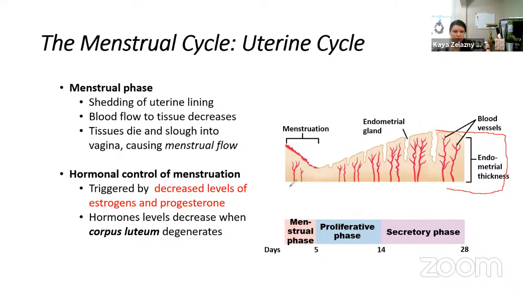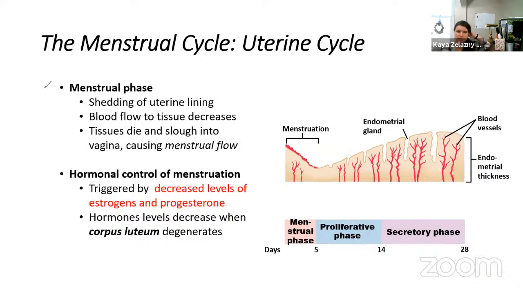Outside it would be the muscular layer of the uterus, the myometrium, which is what would physically contract during birth. But what we're interested in when we're thinking about the uterine cycle is that endometrial layer.